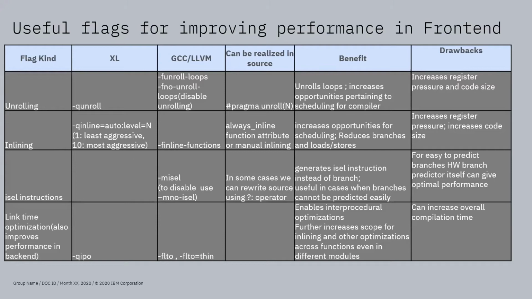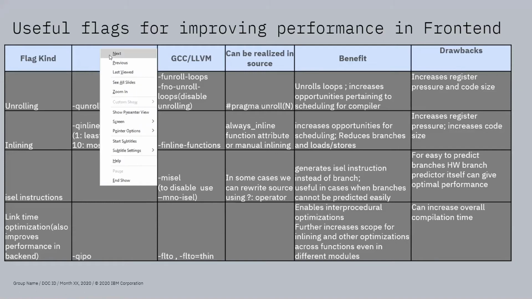So now the compiler looks at a global scope that includes all the files together, and it can enable further optimizations such as more aggressive inlining and so on and so forth, which will significantly help in performance improvements. So it's good to know these options.